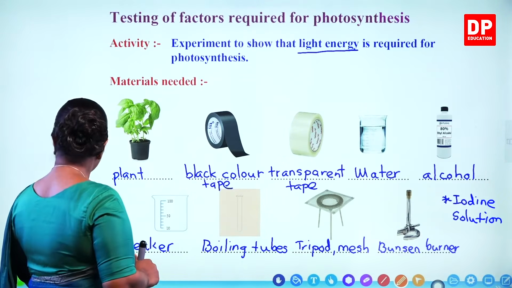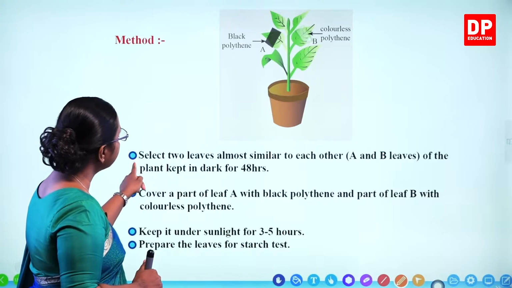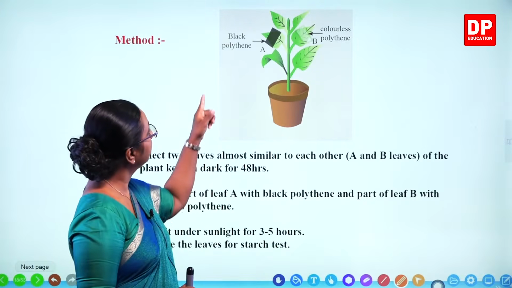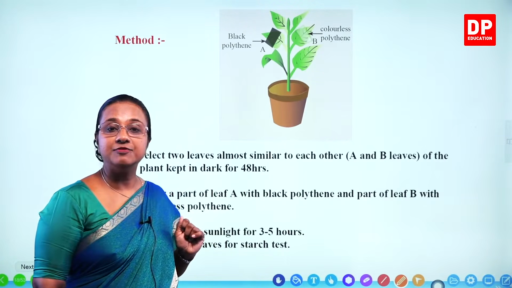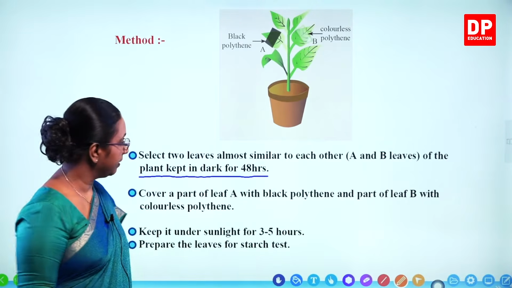We will discuss the method. So here you can see, select 2 leaves almost similar to each other and they are labeled as leaves A and B. And also the plant kept in the dark for 48 hours. This is very, very important.